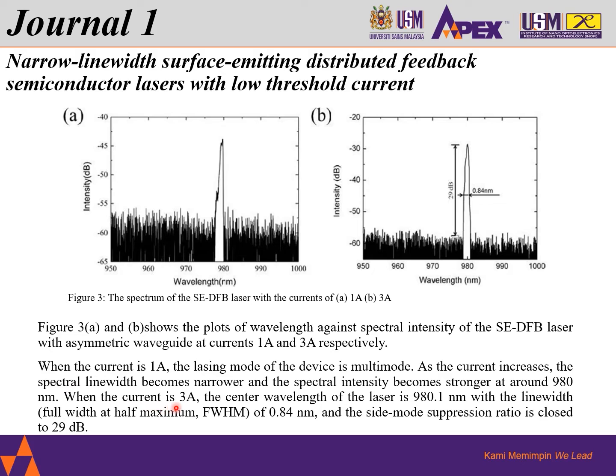When the current is at 3 ampere, the center wavelength is at 980.1, and the line width or the full width at half maximum is 0.84 nanometer, and the side mode suppression ratio is close to 29 dB.